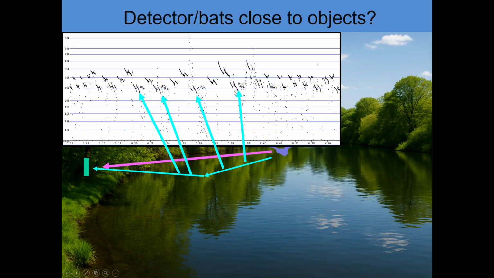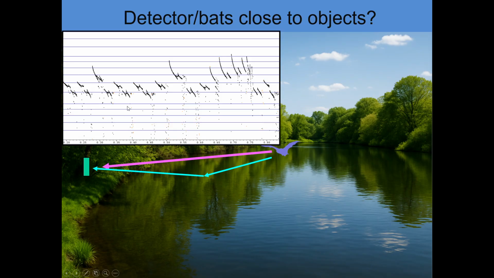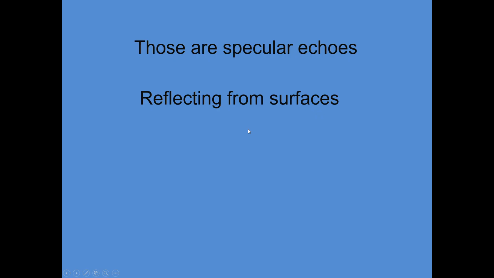But you do see the diagnostic pulses, they're just doubled. That even carries through to the feeding buzz pulses. And you can see echoes up in here in the approach phase. So those are what we call specular echoes. They're reflecting from surfaces, mostly solid.